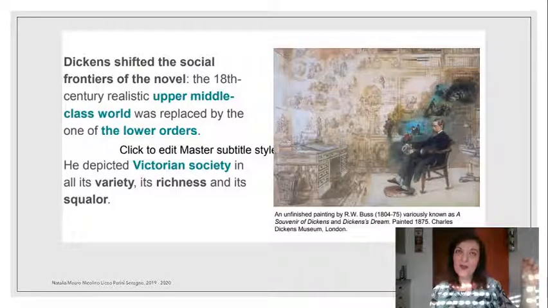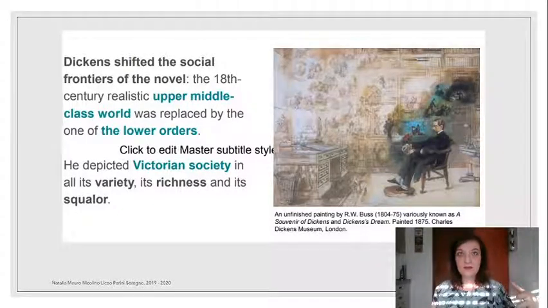The novel of the previous century, think, for example, of what we read, Frankenstein, was based on the life of the upper middle class world, a scientist, Victor Frankenstein, who belonged to a rather rich upper class family.